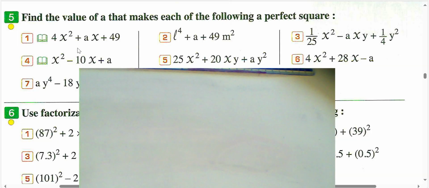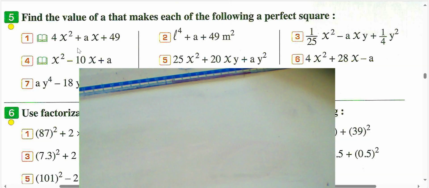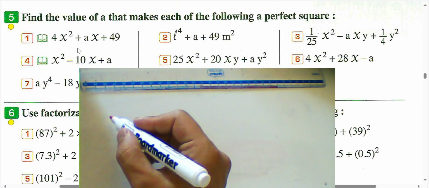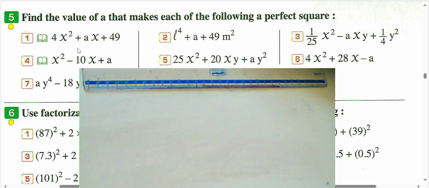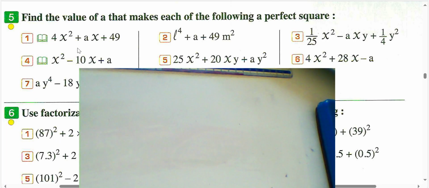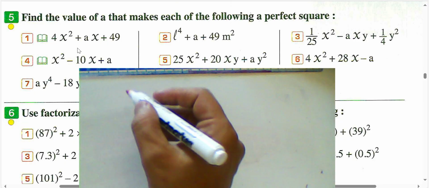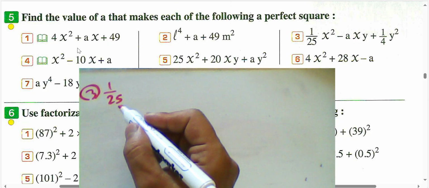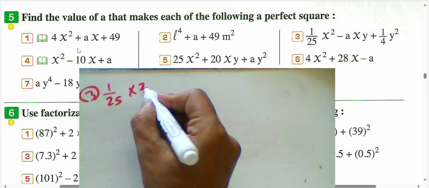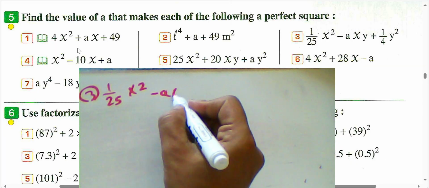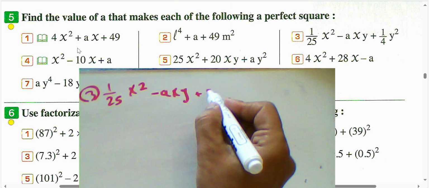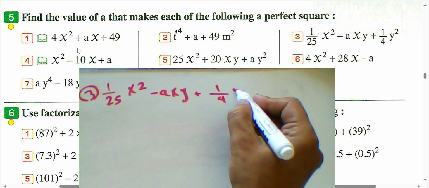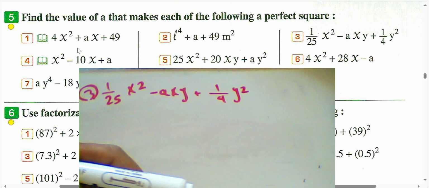Next, question number 3. Okay, number 3. 1 over 25 x power 2 subtract by axy plus 1 over 4 y power 2.